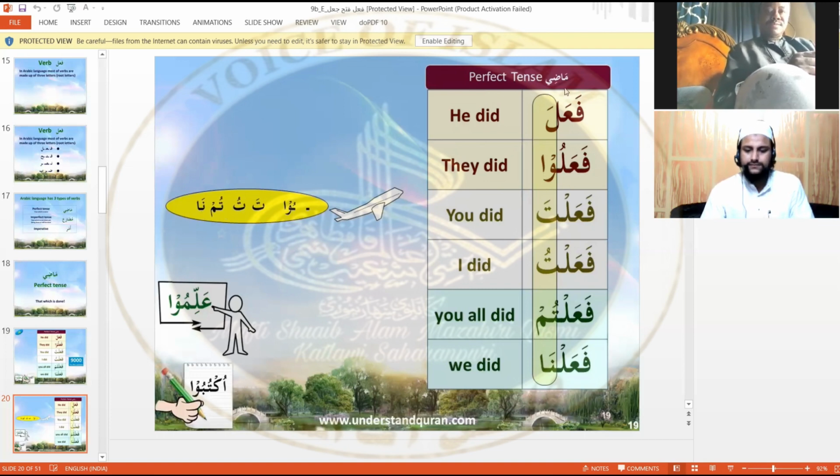So a, u, ta, tu, tum, na. These are the signs of the perfect tense.